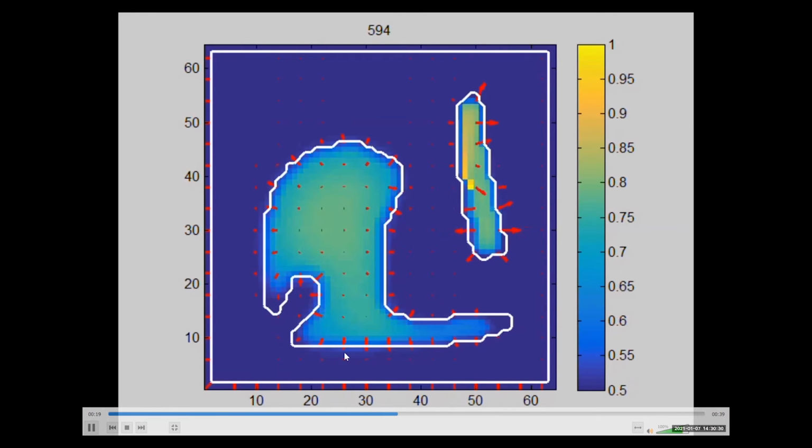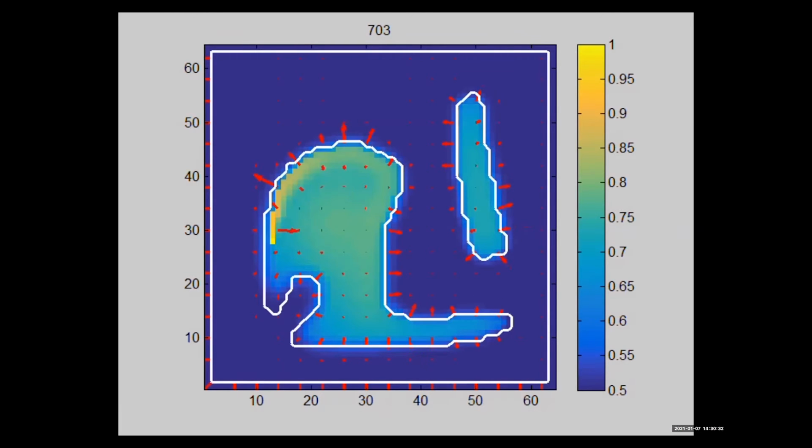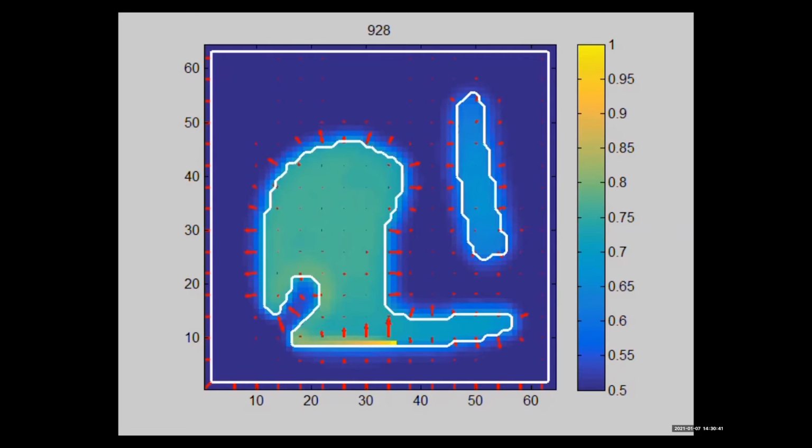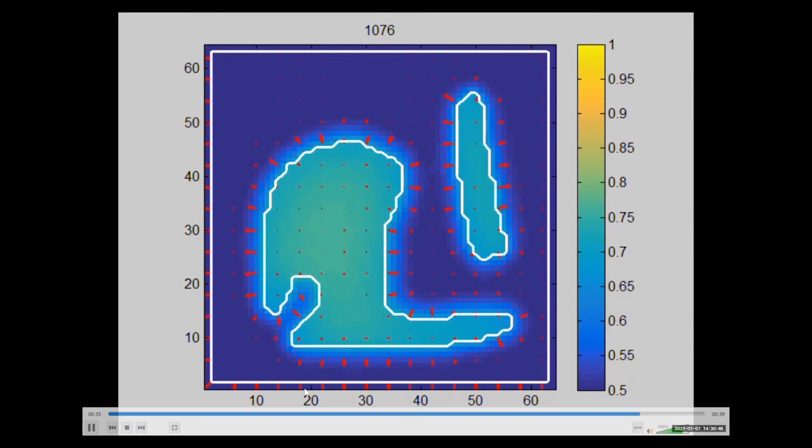This is just to show the flexibility of the algorithm to handle different toolpath simulations.